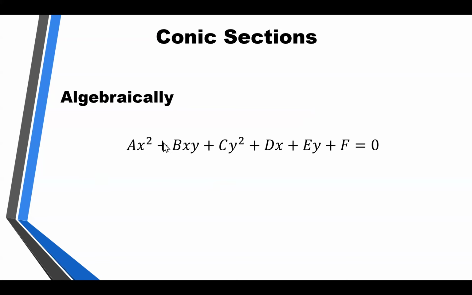So what we're saying is, as long as we don't have this interaction term, if I have an x squared term and a y squared term, I can just focus on the coefficients there.